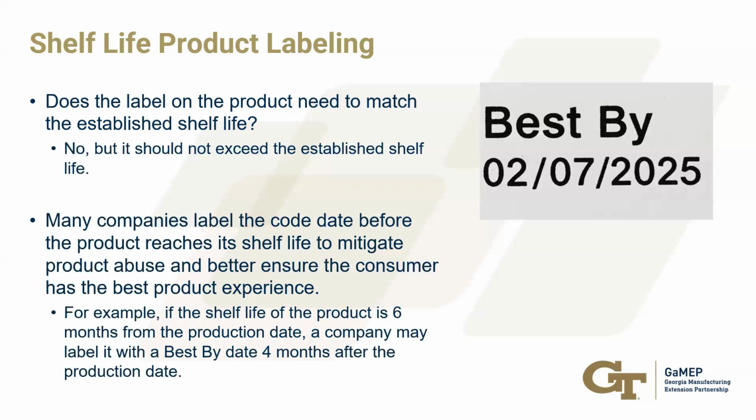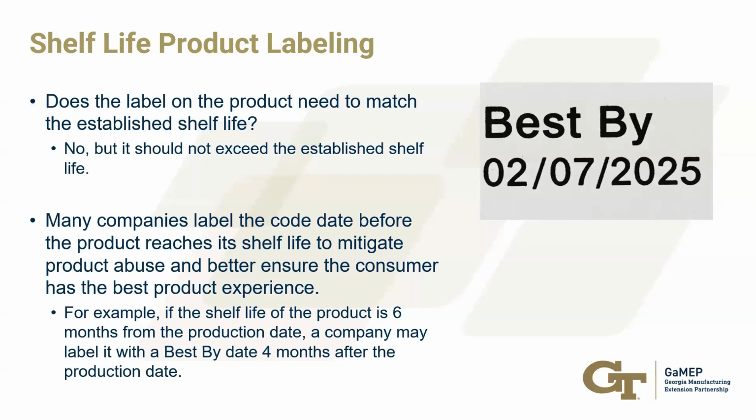But many companies will do what's called short coding. So they will label, if it's good for a year, if their shelf life testing shows the product is good 1 year from the production date, a company might choose to label it with a Best By date, maybe 9 months from the production day. That's called short coding. And there are several reasons why a company might do that.